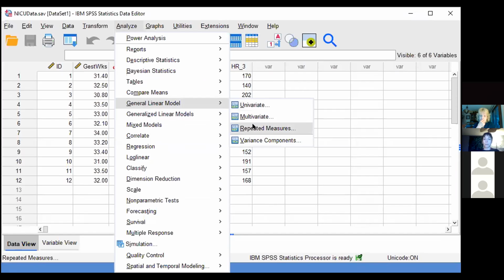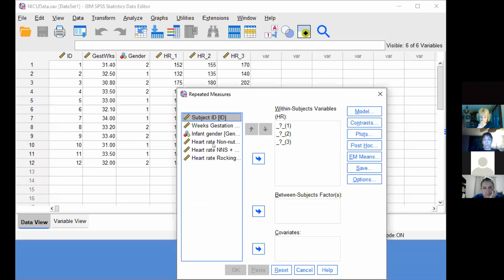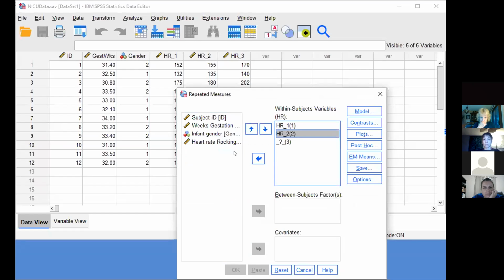Okay. So then if we follow what we're supposed to be learning, I select repeated measures, and this represents the 3 different conditions with the 3 levels. And then when we define them, we attach the non-nutritive sucking, and sucrose, and I think that one's just single rocking.